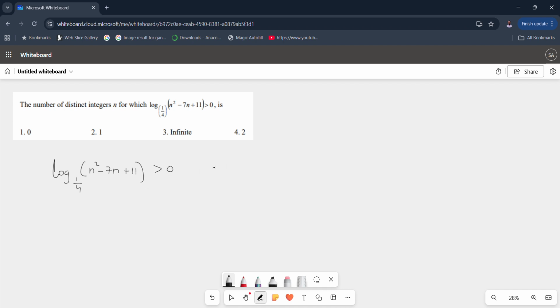So typically we have this formula in logarithms where if we have log a to the base b, this can be rewritten as log a to the base x divided by log b to the base x.